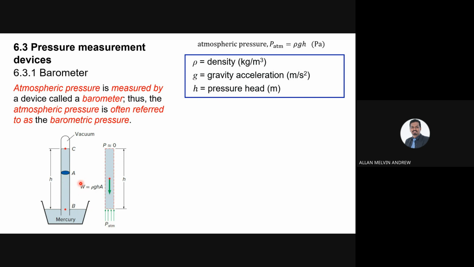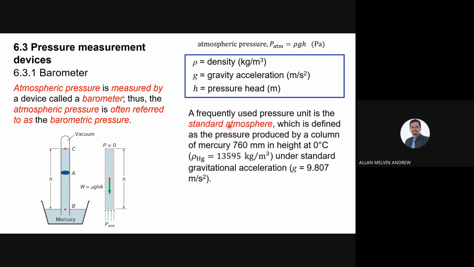We weigh a small particle or small weight. So it's supposed to be rho g h A, where A is the cross-section area, and it will be opposing the atmospheric pressure. Based on that, we can measure how much it can oppose.